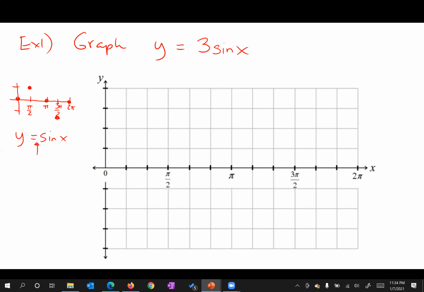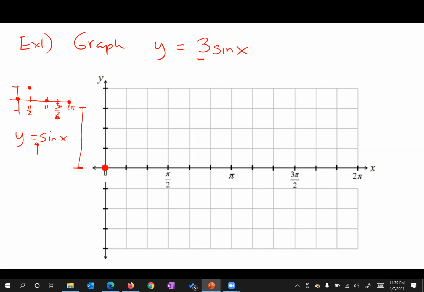There's that little number, instead of being a 1, now it's a 3. So what happens here? Again, it's from the middle. Instead of going up to 1, now our maximum value is going to be 3 somewhere along this line. So notice our dots along the x-axis have not changed. They will change later, but not yet.